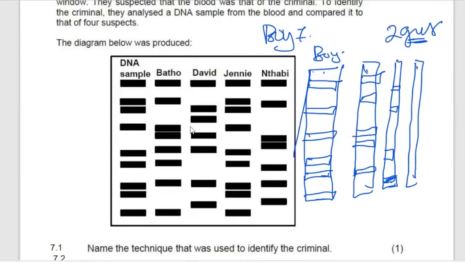So now they ask you, this is the mother, this is X, this is Y. Who is the father of this boy? And after that, they can ask you to explain, and they say 4 marks. Explain, 4 marks. That's it.